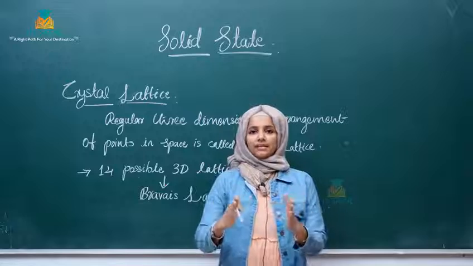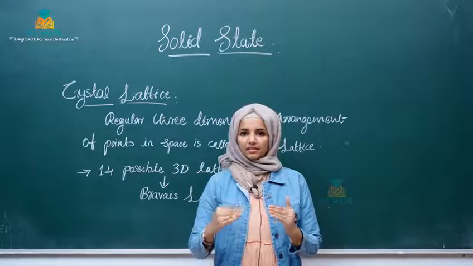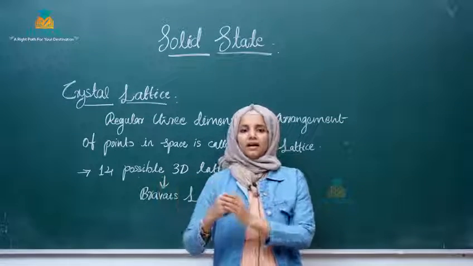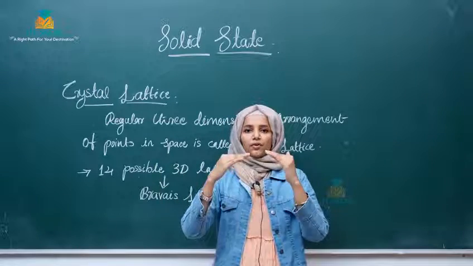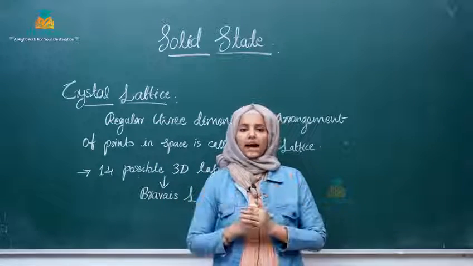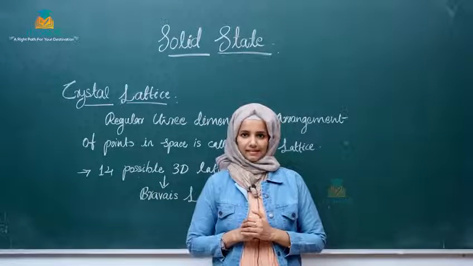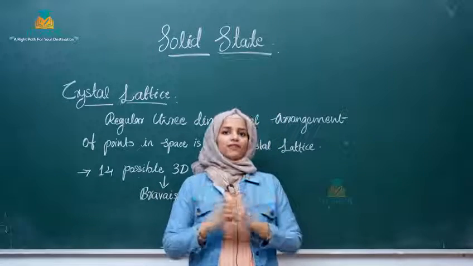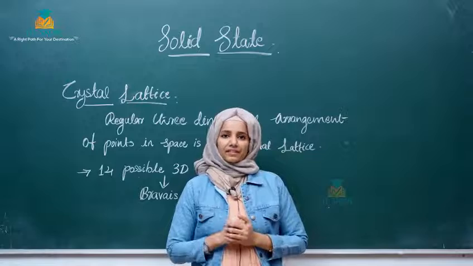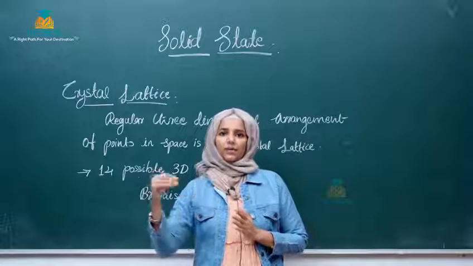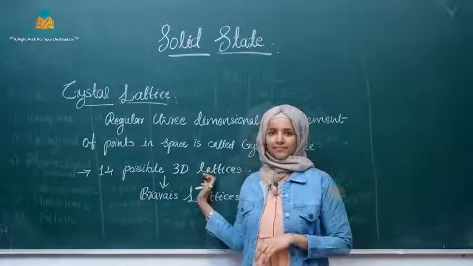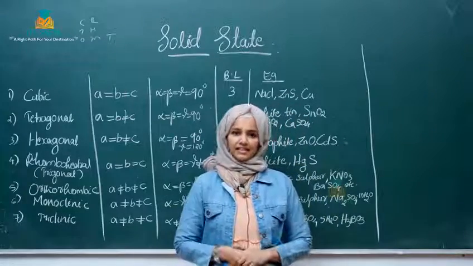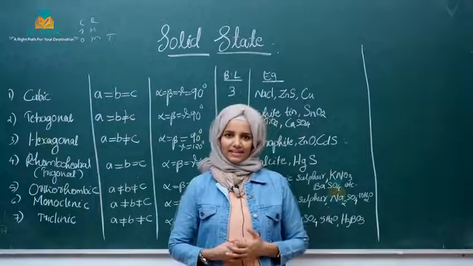So in the primitive system we have 7 crystal systems, and the other complex systems are also there. In total we have 14 Bravais lattices. Now we move on to the 7 crystal systems and the corresponding Bravais lattices.